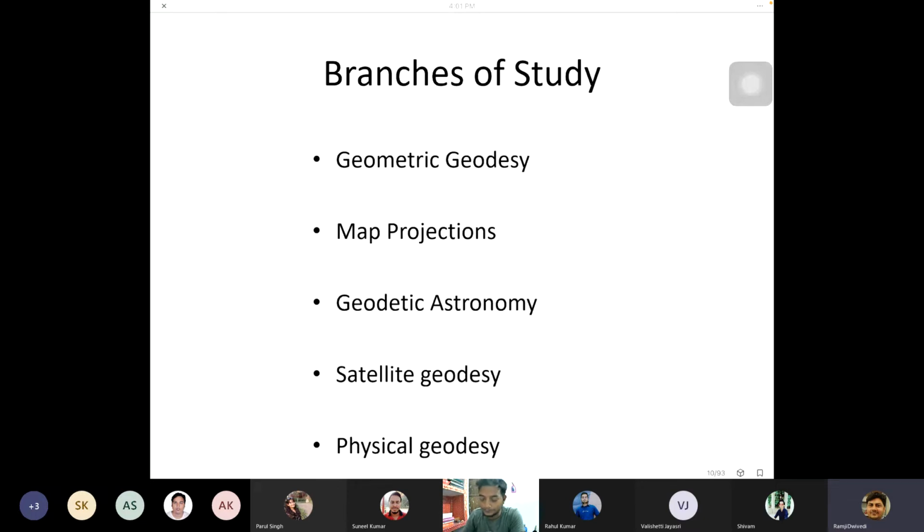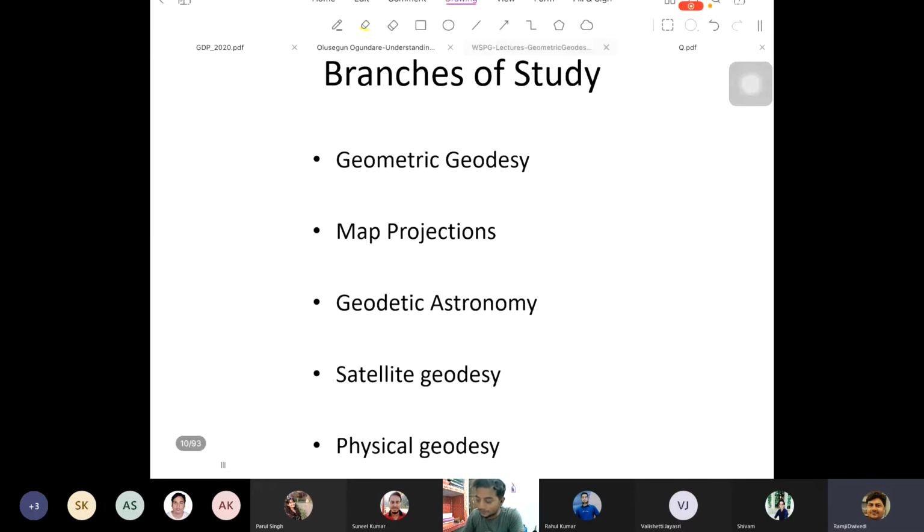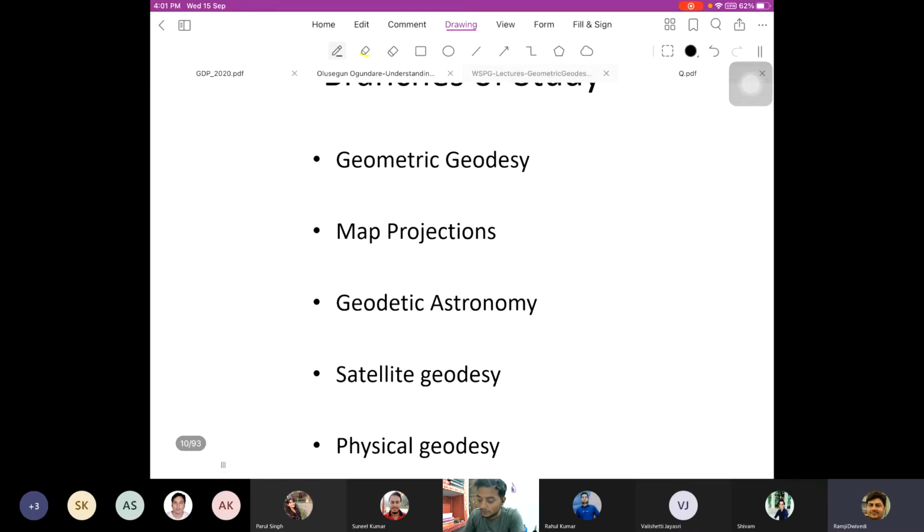Then satellite geodesy. Many satellites are available, but in geodesy we are primarily working with very long baseline interferometry, SLR, satellite laser ranging, and LLR, lunar laser ranging.